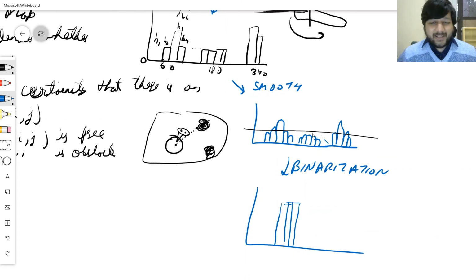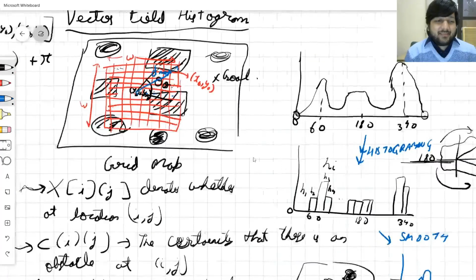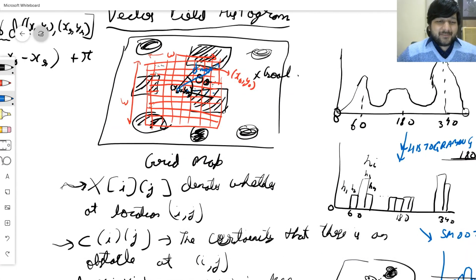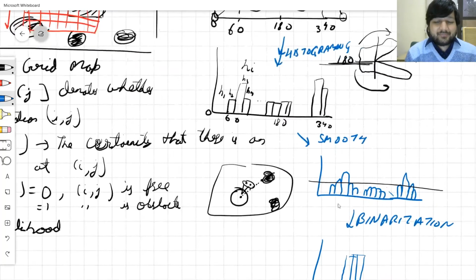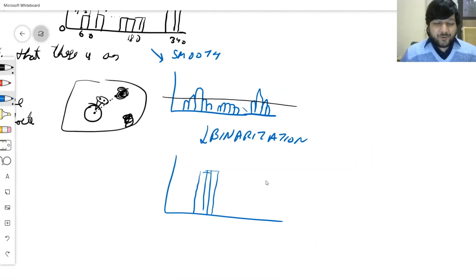At 180 degrees we saw that the obstacles were too far away. So here the obstacles were too far away, so they got eliminated. Here also the obstacles were far away, but there were too many of them, so the cumulative effect was large. And now slowly you can start seeing a geometry. So you can say that around 60 degrees over here and around 340 degrees over here, there are obstacles. And it's all 0 or 1, so it's either that there is an obstacle or there is no obstacle. There is no intermediate case.